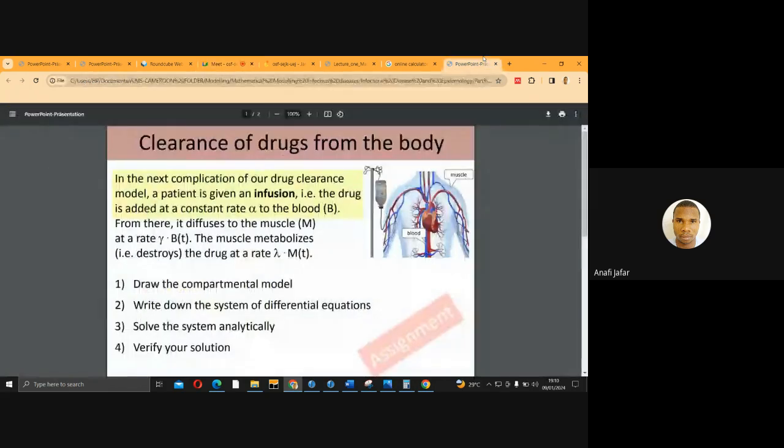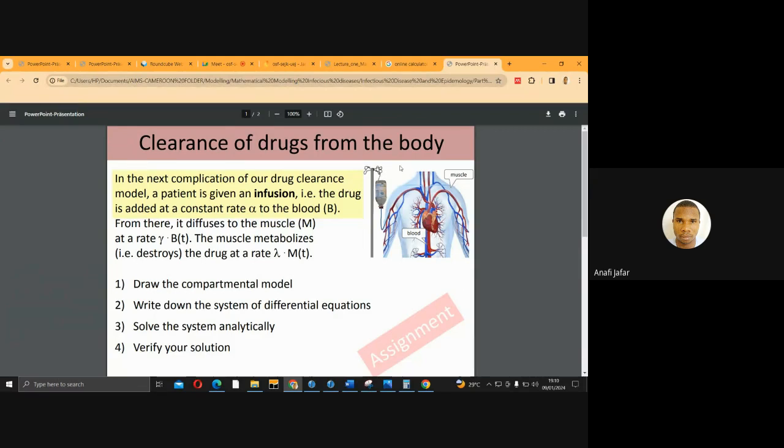Now the first question is this: in the next compartmental model of drug clearance. This drug clearance means the division of the drug. A patient is given the drug in an infusion.